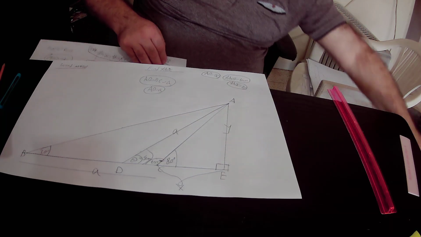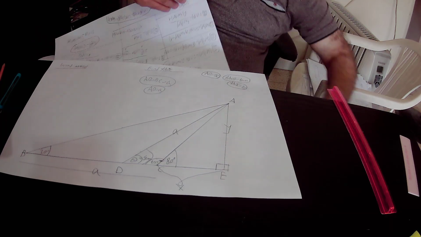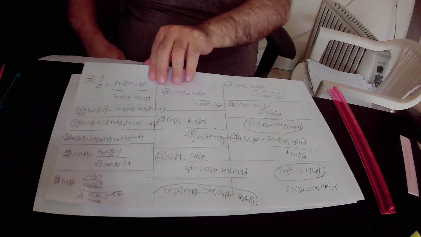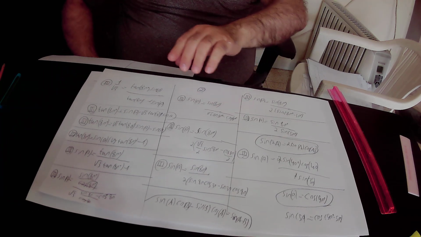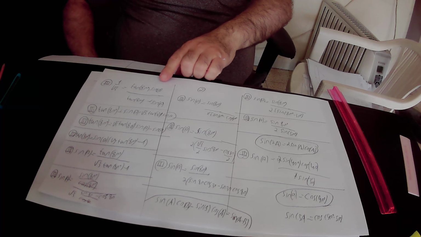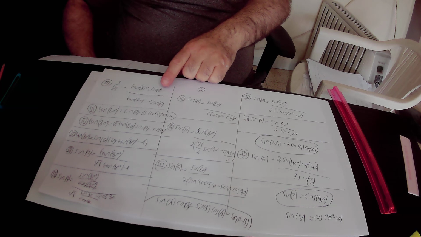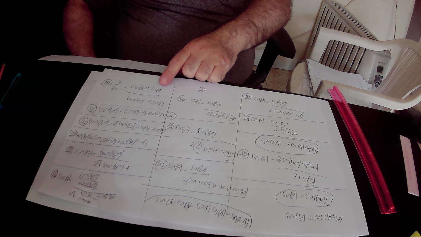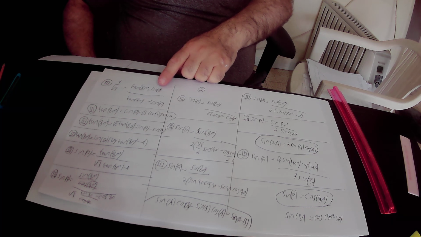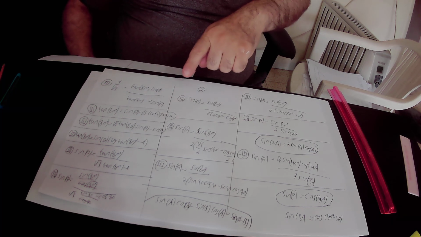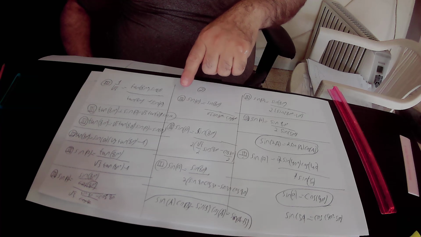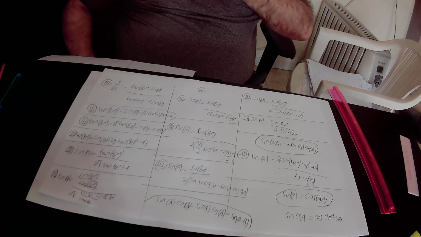In conclusion, according to equation number 2, 1 over square root of 3 equals tangent 80 degrees times sine theta over tangent 80 degrees plus sine theta. Here we cross multiplied, and in equation number 3 we found that tangent 80 degrees plus sine theta equals square root of 3 times tangent 80 degrees times sine theta.